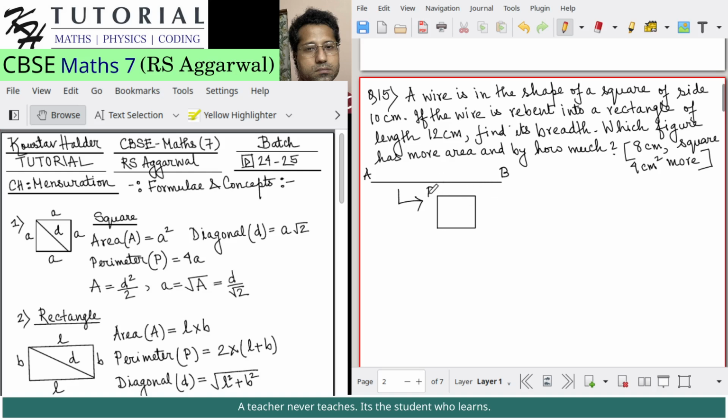Let's say this square is PQRS. Definitely you must realize that the length of the wire is equal to the perimeter of the square. The side of the square is given to be 10 centimeter.